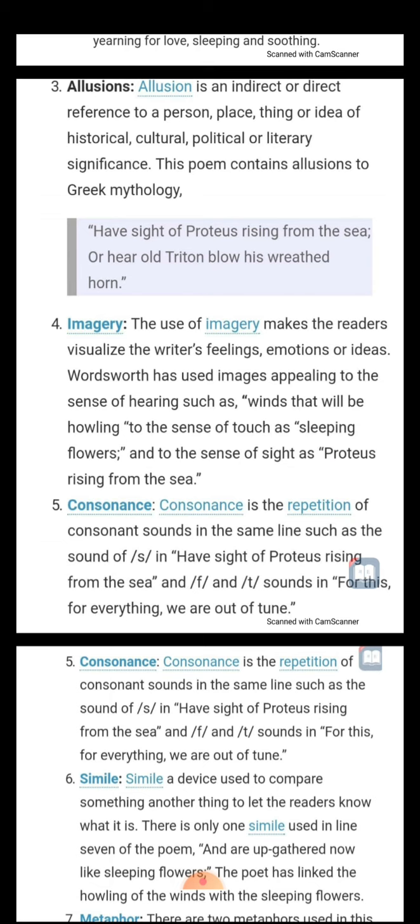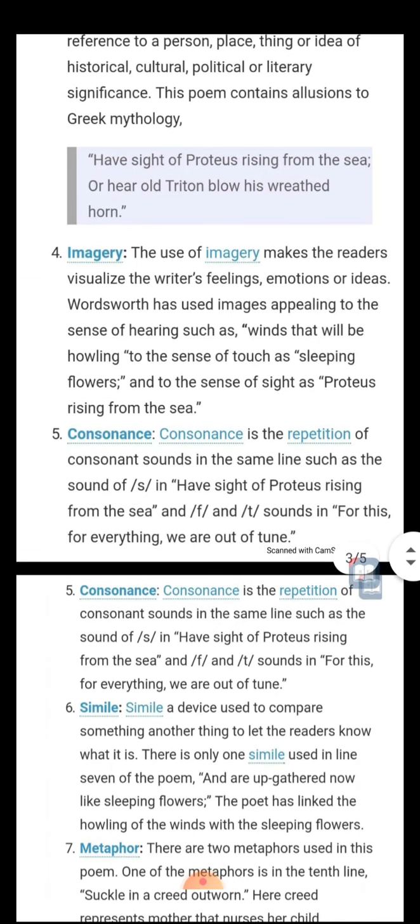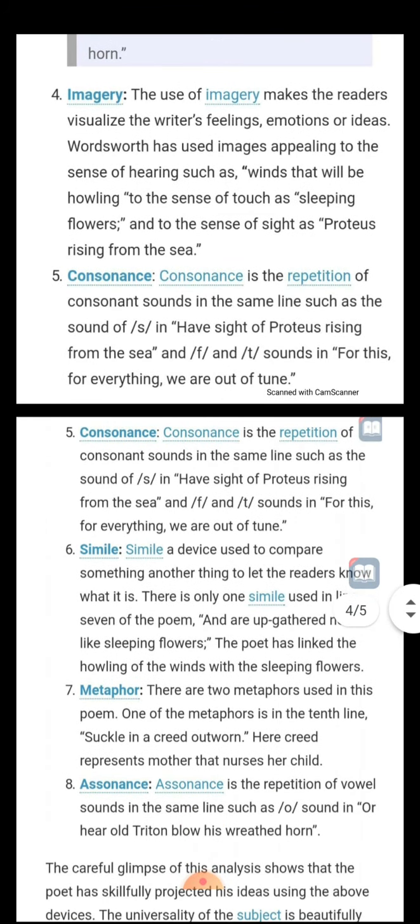For this, for everything, we are out of tune. So in this line we see the repetition of F in for and everything, and T in this and tune, F in for and off for. So this is an example of consonance.